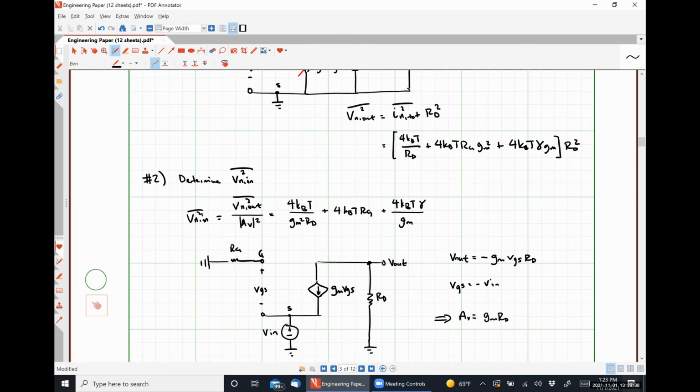So this is actually potentially informative here. The reason why I say that is because hopefully it makes sense as to why we're just dividing the output noise voltage by the voltage gain squared, because the voltage gain here represents the transfer function of this system, converting that input voltage to an output voltage, and so it should go the other way around as well, right?